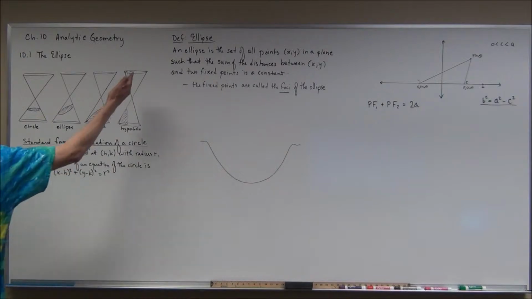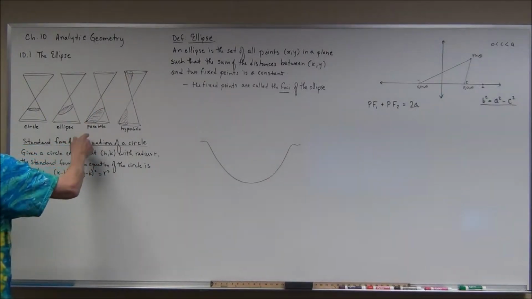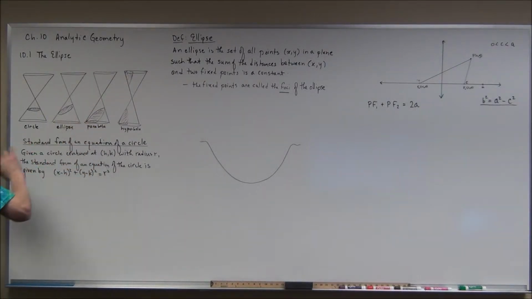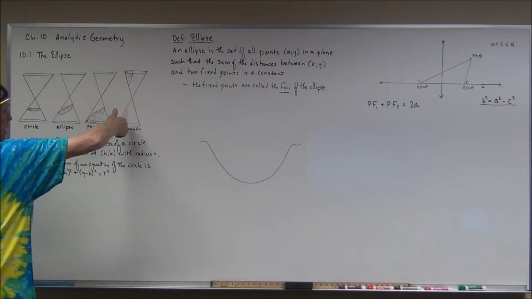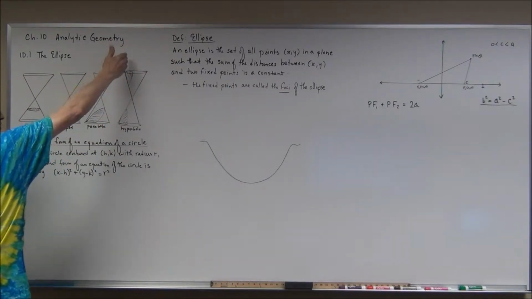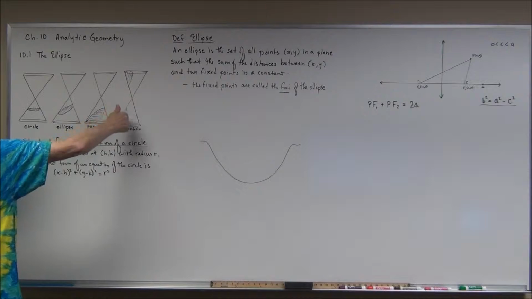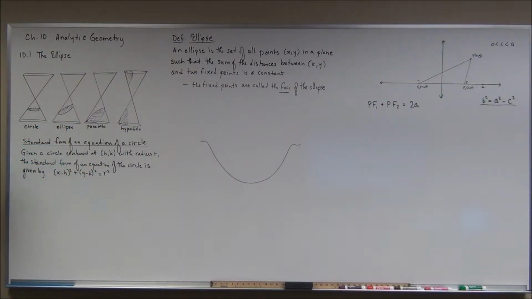If you're able to cut through the plane downward like this, you get the idea of a parabola, which we've also talked about. And then if you bring it straight down, kind of perpendicular to the center rod on a double nap cone, then you get two shapes, two U-shapes, which is a hyperbola.